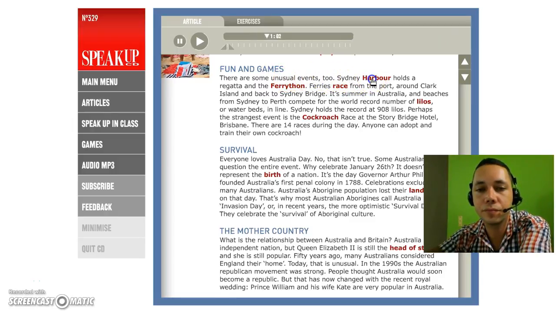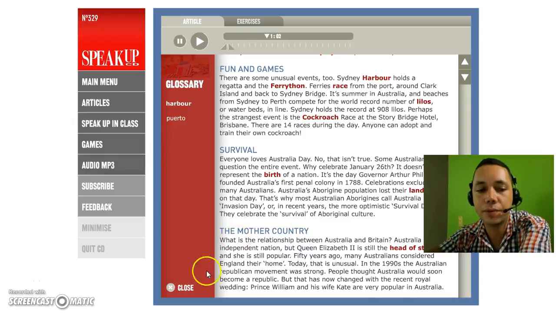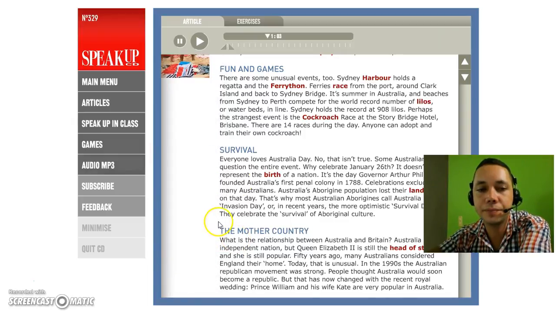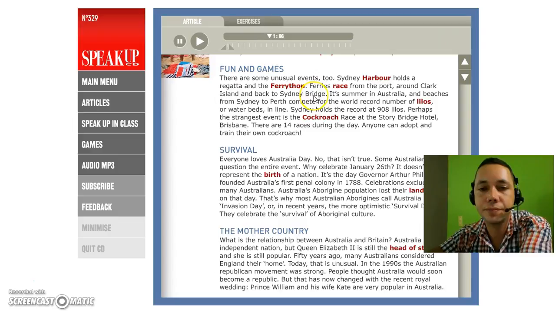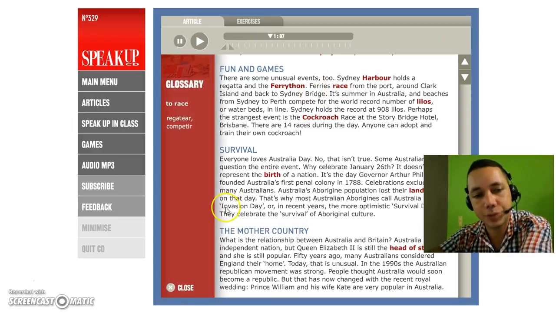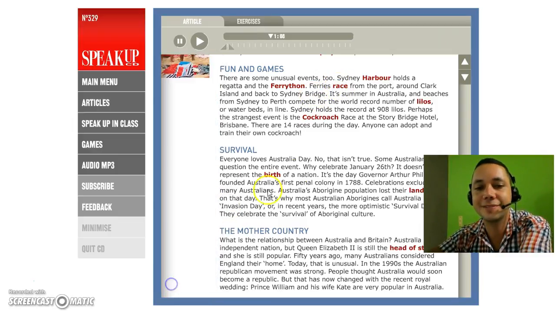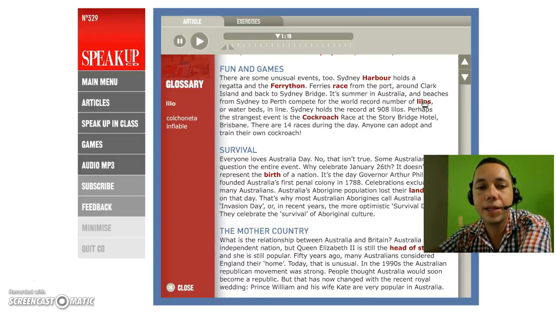Sydney Harbour holds a harbour regatta and the ferrython. Ferries race from the port around Clark Island and back to Sydney Bridge. It's summer in Australia, and beaches from Sydney to Perth compete for the world record number of lilos, or waterbeds.